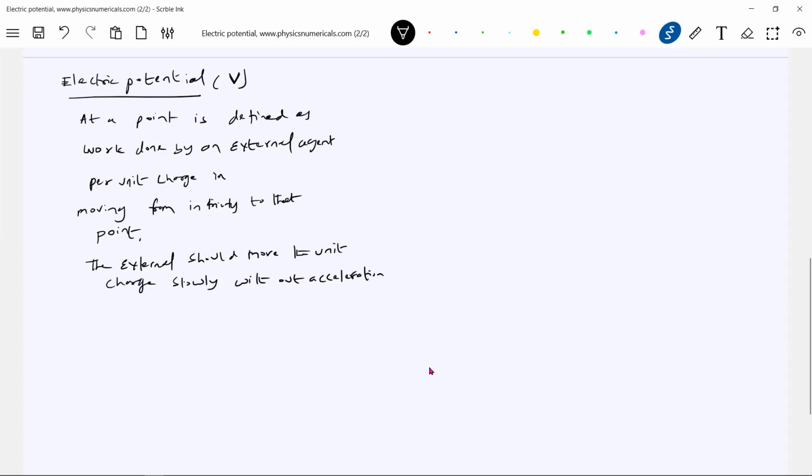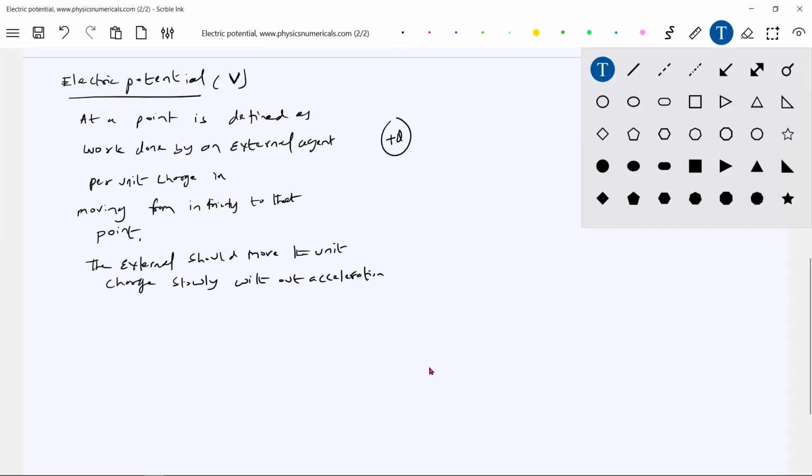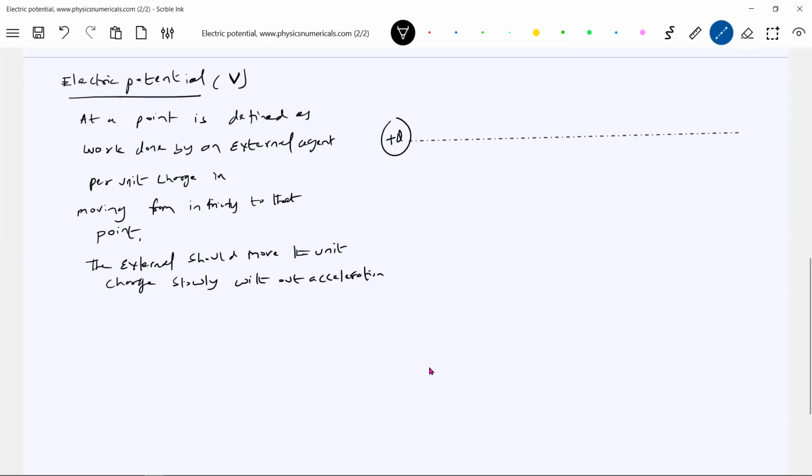Suppose I have here a point charge, plus Q, which I'll be holding.